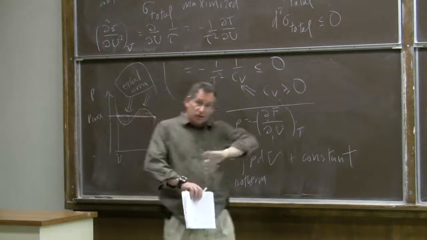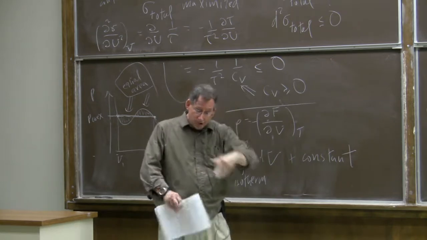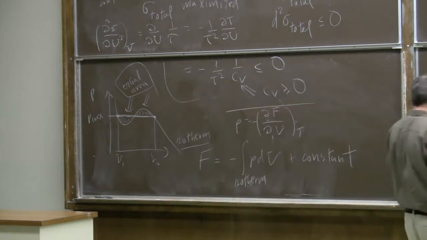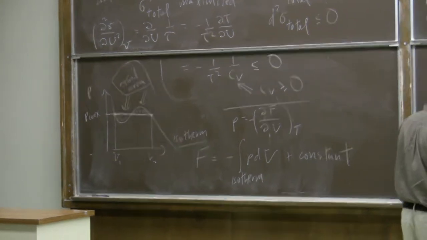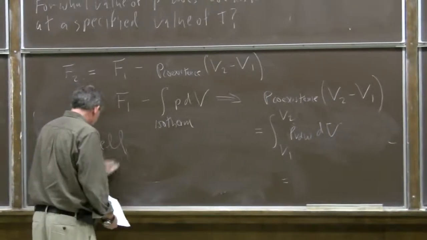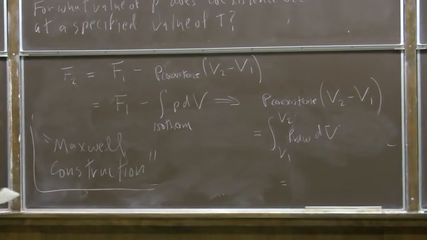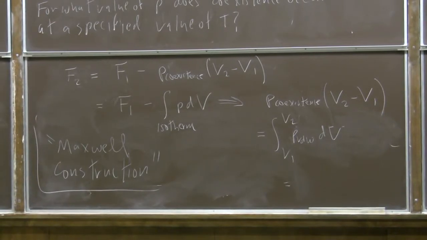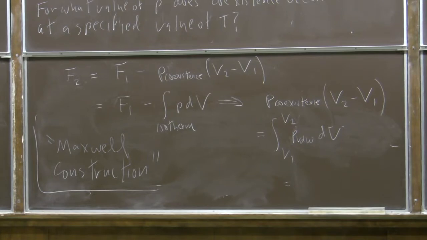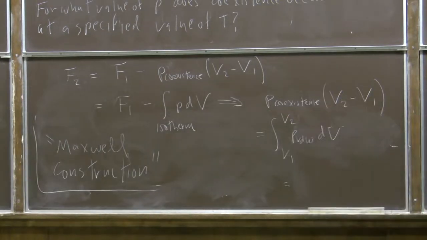So that way of choosing the pressure of coexistence so that the free energy is really minimized is called the Maxwell construction, or equal area construction. There's another way of describing this using Gibbs free energy instead of Helmholtz free energy, which is also in its way instructive and maybe a little bit easier.